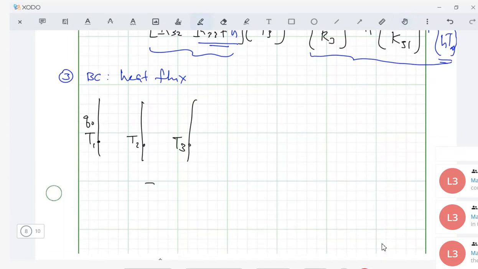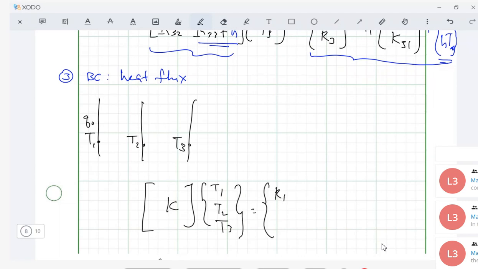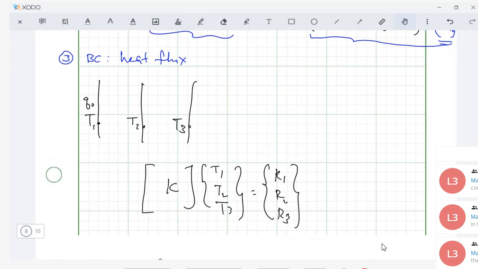Again, our K matrix is K, and T1, T2, and T3, and our R1, R2, and R3. This is just like your bar element: this is your force, this is your unknown, this is your coefficient matrix. How do we put point load in our bar element?